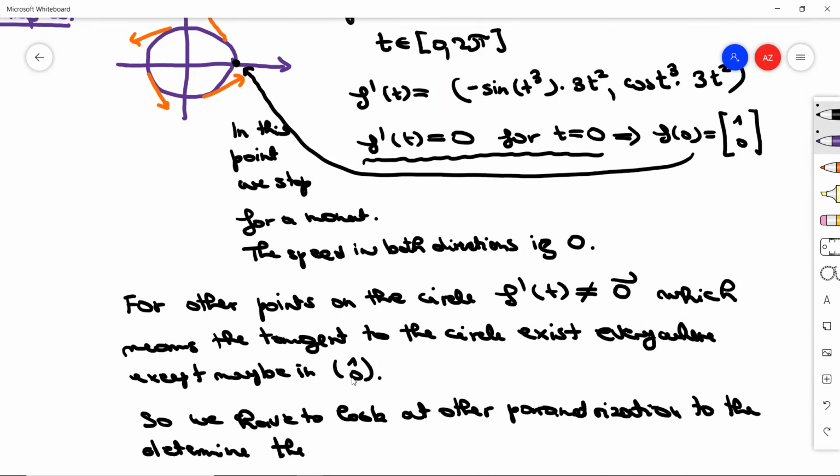I will just write in parentheses the smoothness. We call a point on the curve smooth if the tangent is non-zero.